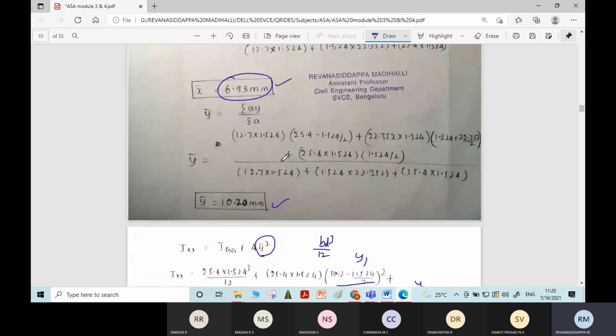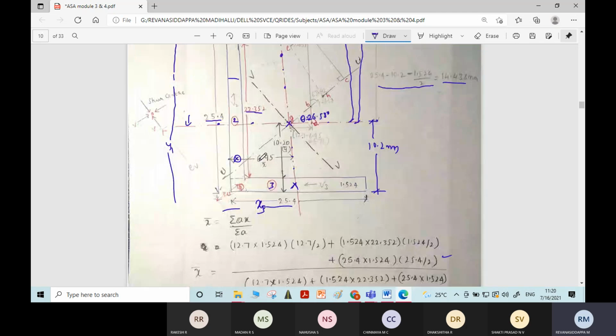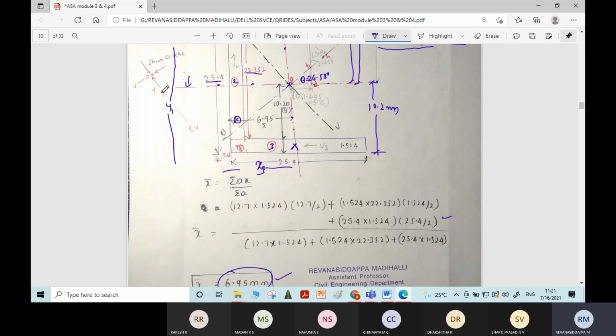Here what I have done is, first I have determined the eU. I determined eU, meaning somewhere here I have assumed the shear center. If you want to locate the shear center, you need to locate it with respect to axis V and axis U. I have extended this force here and assumed eU as the distance of the location of the shear center from this corner.